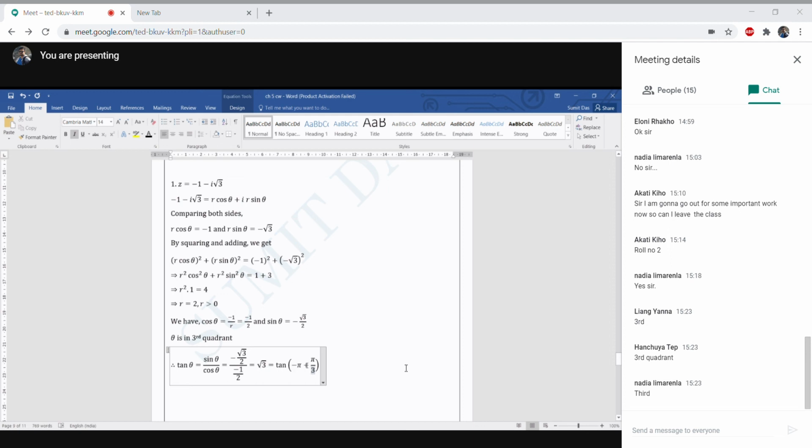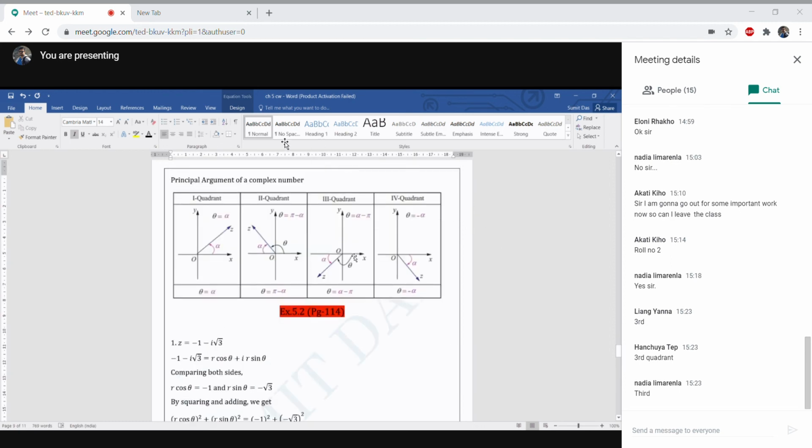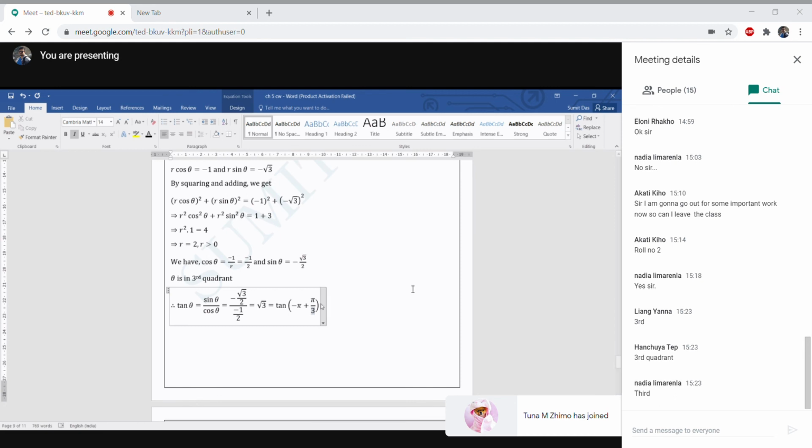Now why minus pi plus alpha? Because check the principal value: the principal argument of a complex number in the third quadrant is theta equal to alpha minus pi, that means minus pi plus alpha. Alpha is the angle, here pi by 3, and minus pi because it is in the third quadrant.